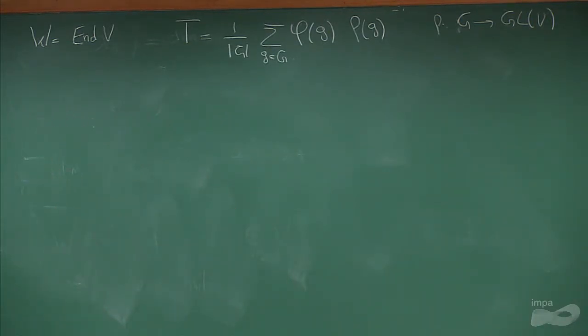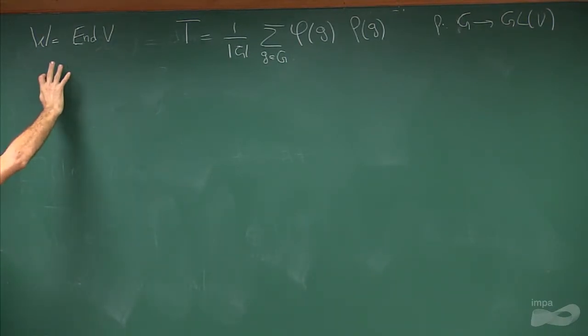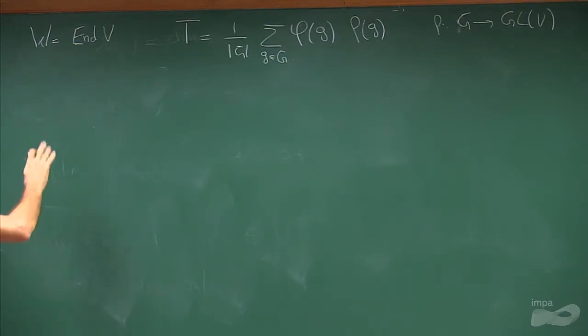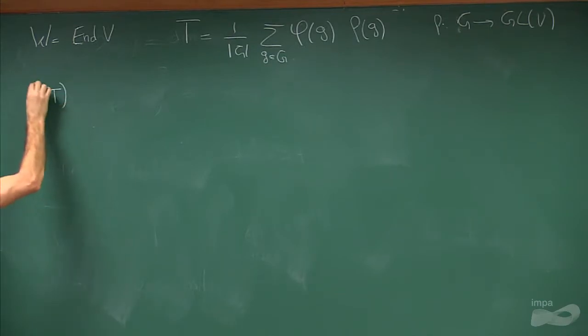Okay? So therefore, I'm going to look at T now as an element in endomorphisms of V, but where the representation of G is by conjugation. So if I look by conjugation, then the same computation we just did there is what is h acting on T?